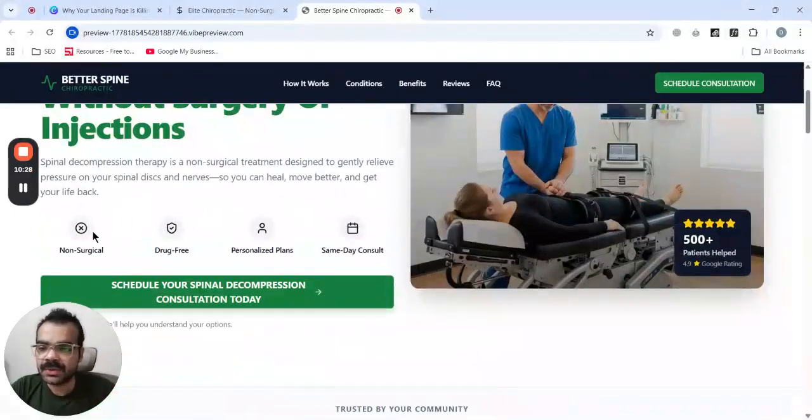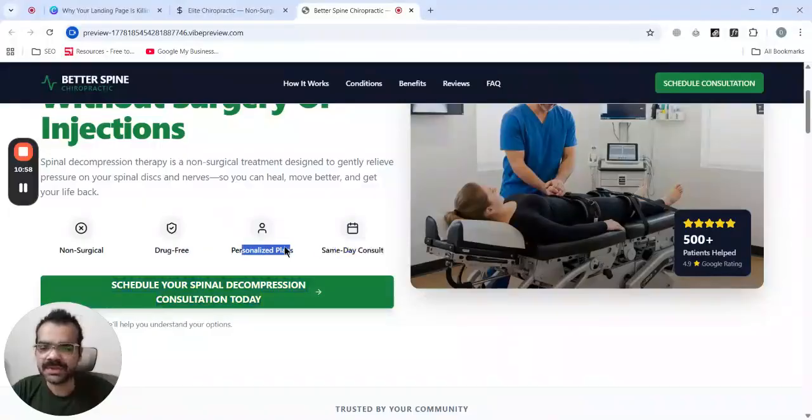Further down the road, you can see these small icons. They are actually the differentiating factor of this treatment. People who are looking for a solution without having surgery will be more attracted to this landing page, because in the first part we are saying that it is non-surgical and drug free.